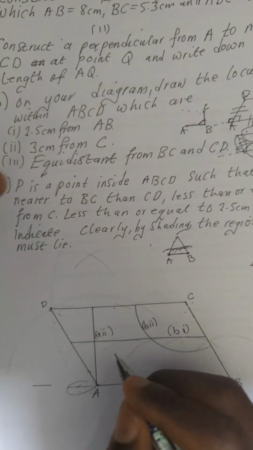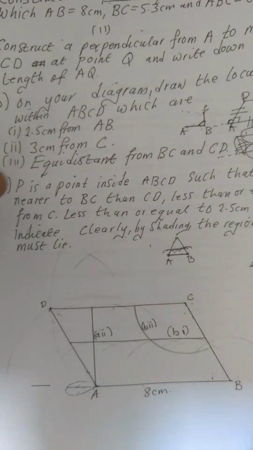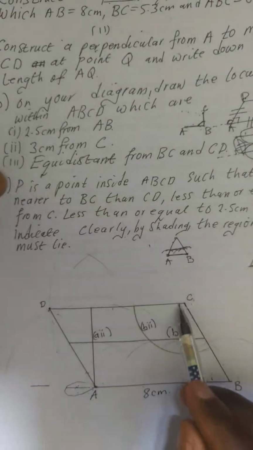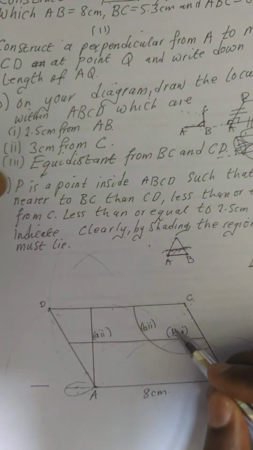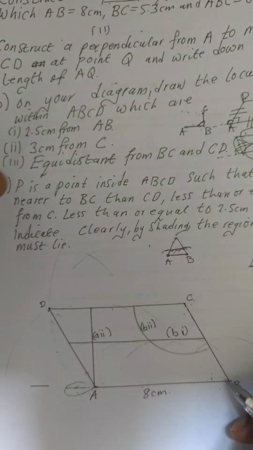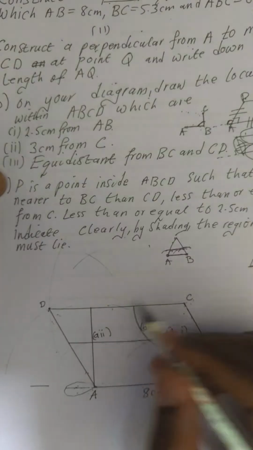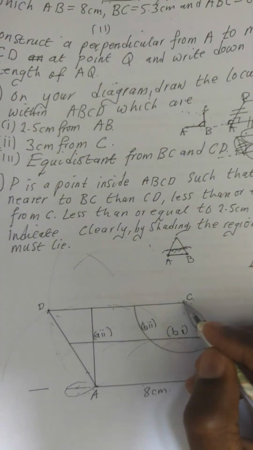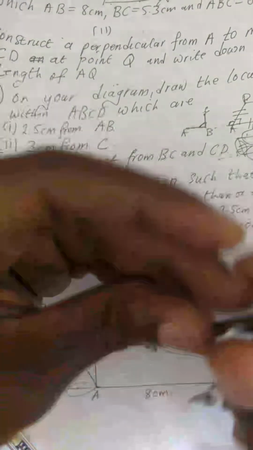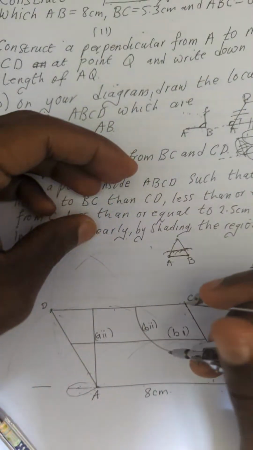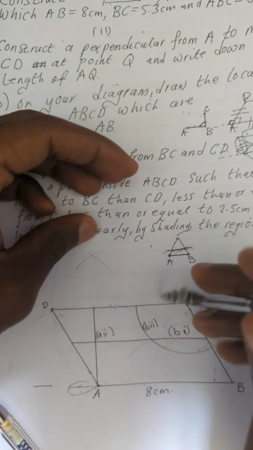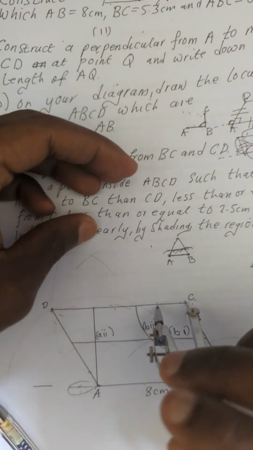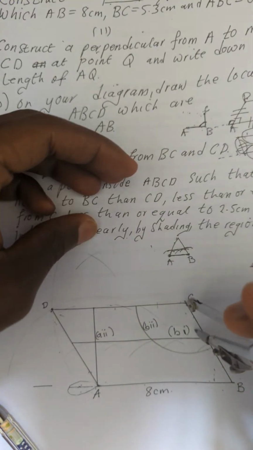Now 3: equidistant from BC and CD. We're talking about an angle bisector, a line that cuts angle BCD into two equal halves. So we stand on C, we do an arc that will cut this side and another arc that will cut this side.